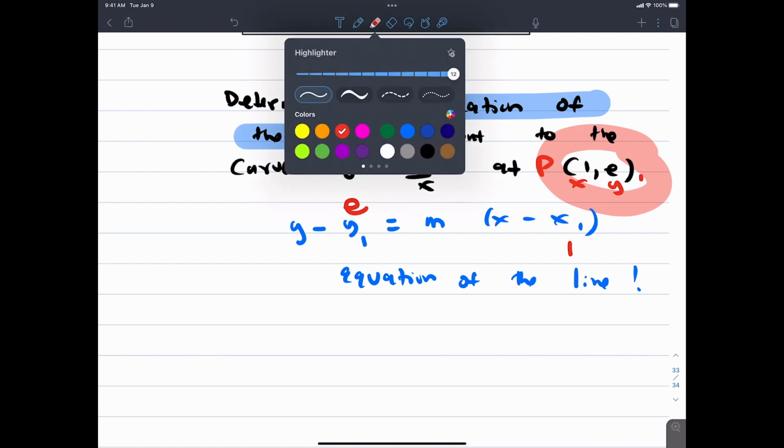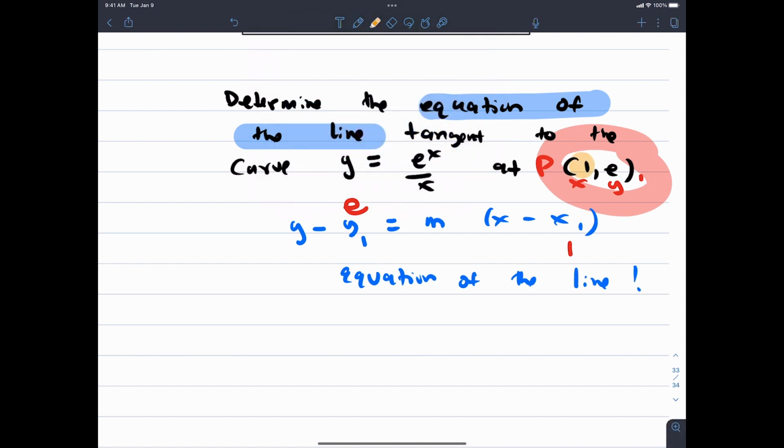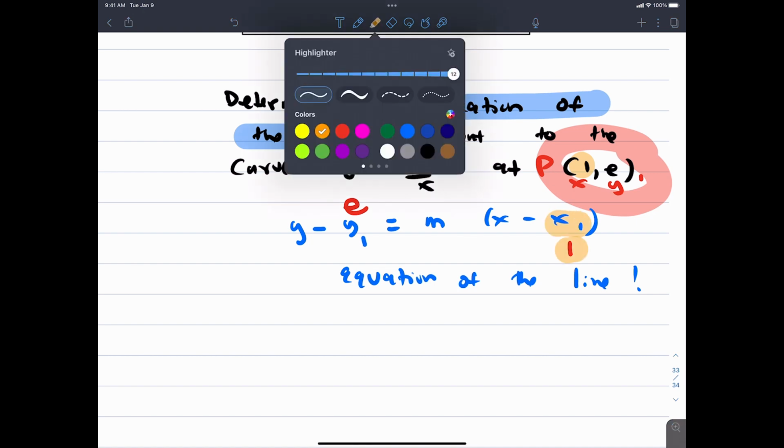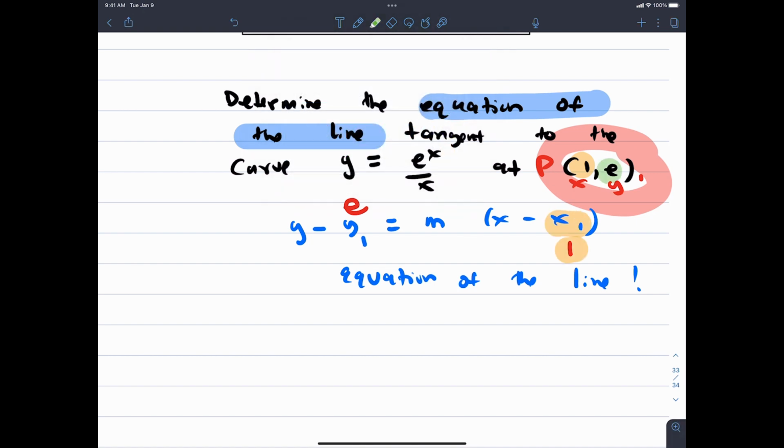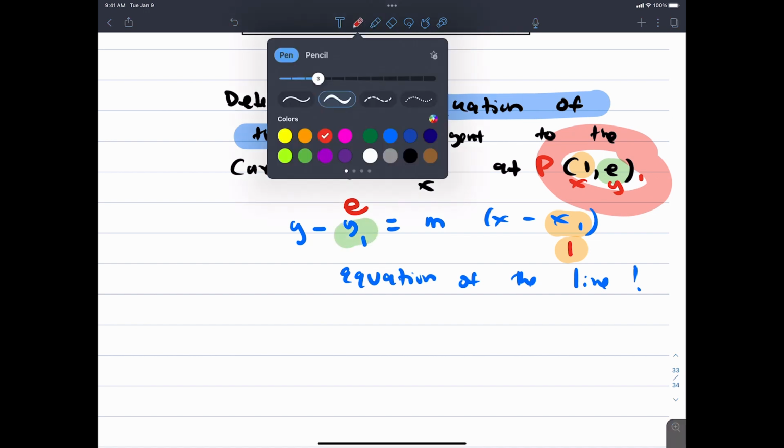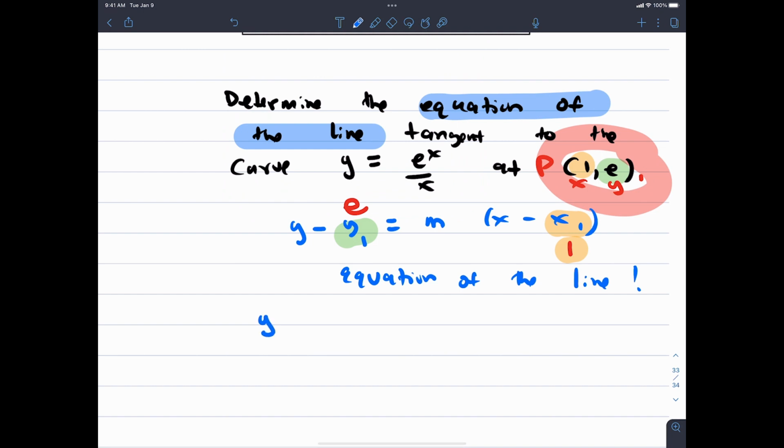I'm going to color it orange, and then green. So far it's y minus e equals m times x minus 1. That's the equation of the line.